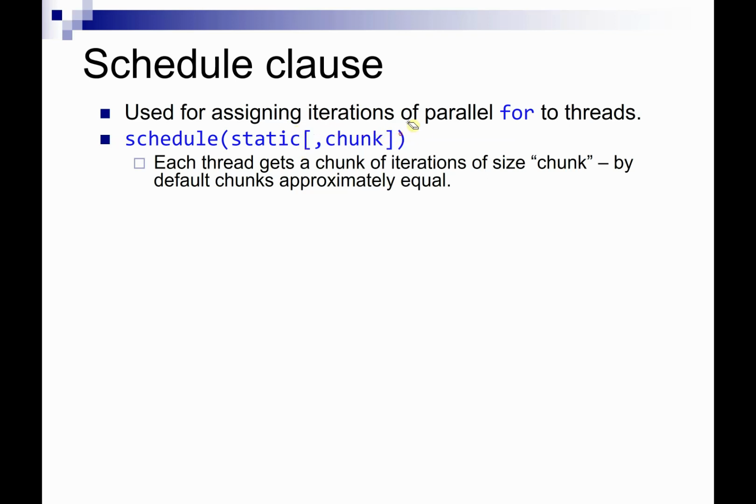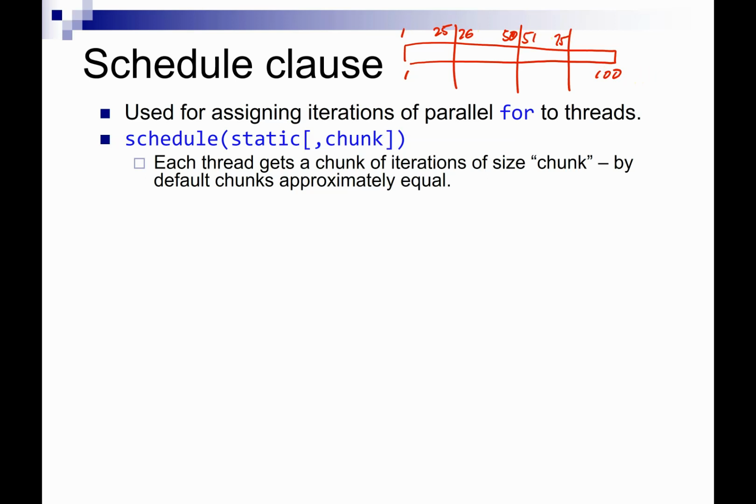Then what's going to happen is, let's say you have a bunch of iterations like this, let's say 1 to 100. If you have 4 threads, it's just going to break these 100 iterations evenly among your threads. Each thread gets 25 iterations. Thread 1 gets iterations 1 to 25, thread 2 gets 26 to 50, and then 51 to 75, and so on.